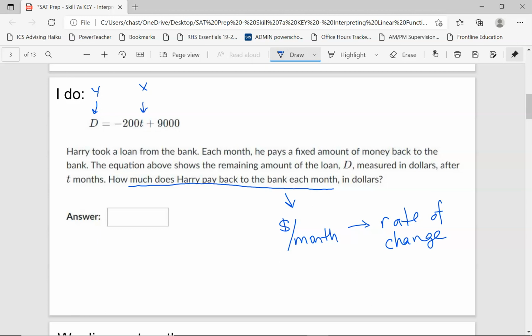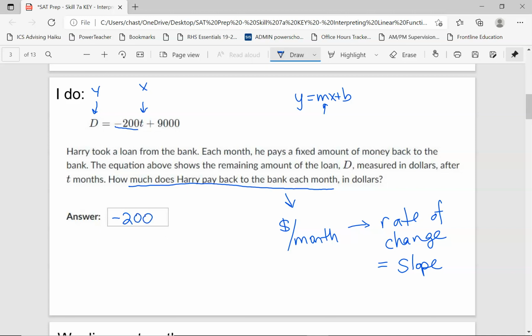And so what we're looking at is the slope. So when they're asking how much money does Harry pay back each month, we're asked what is the slope of this line? Well, the slope, remember y equals mx plus b, we said that m represented the slope. In this case, that's going to be the negative 200.